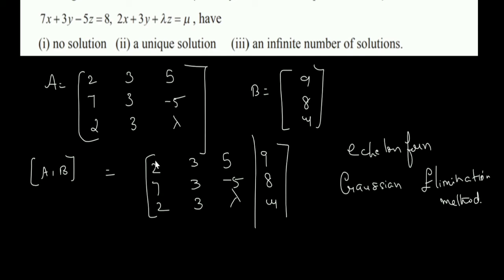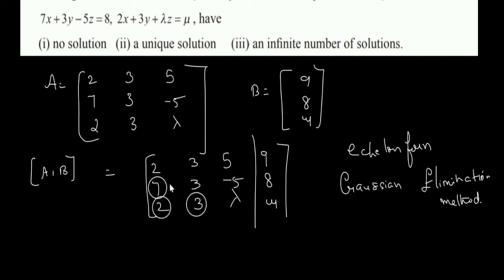That is, first column, first element is 2. You have to make these entries zeros, then you have to bring 0 here. To bring zeros here, we are going to use the elementary row operation. First thing, in the first column, you just see if you have 1 here.